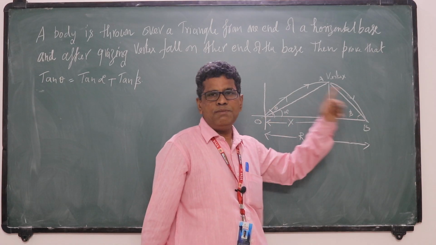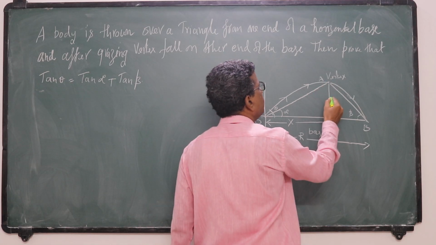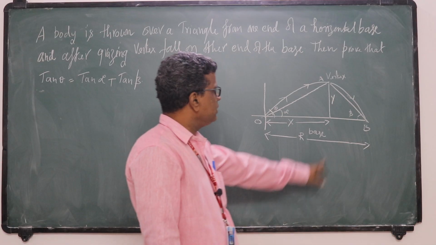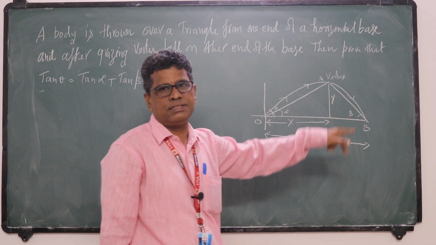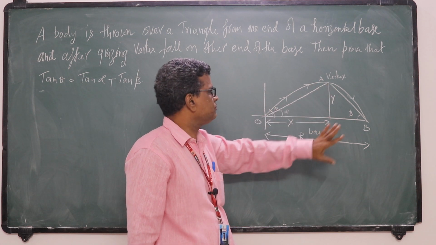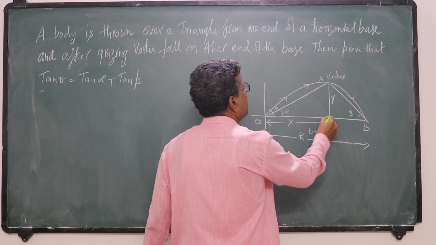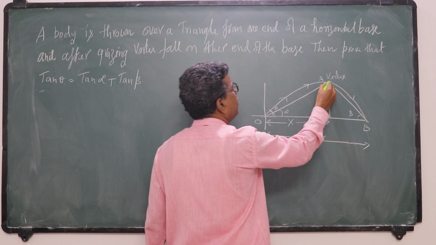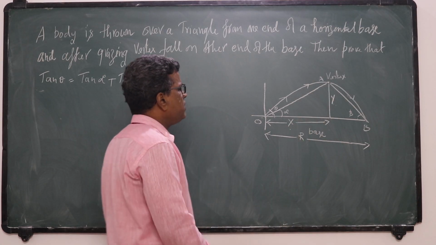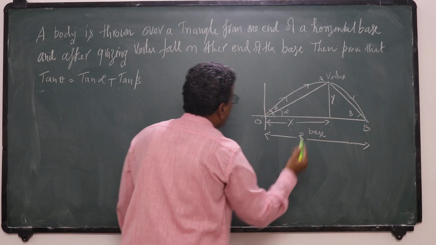So OB becomes the range of the projectile. This height we don't know, let it be y, the vertical height. It may not be the maximum height. So x, y, r are the coordinates, and we have a relation between them.